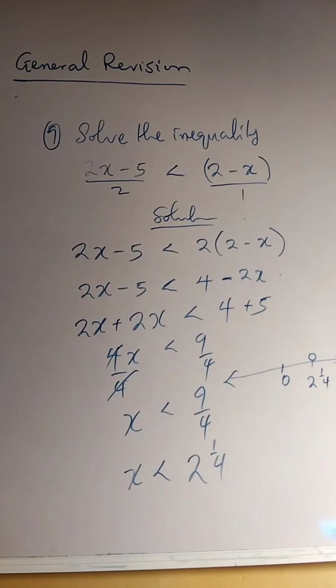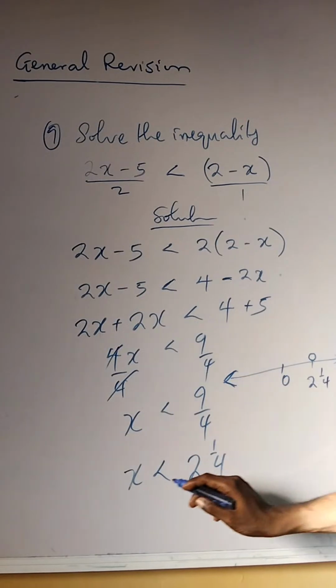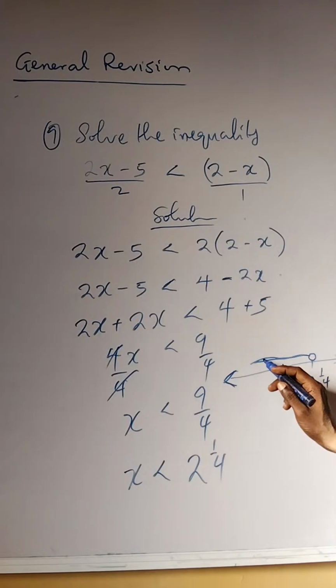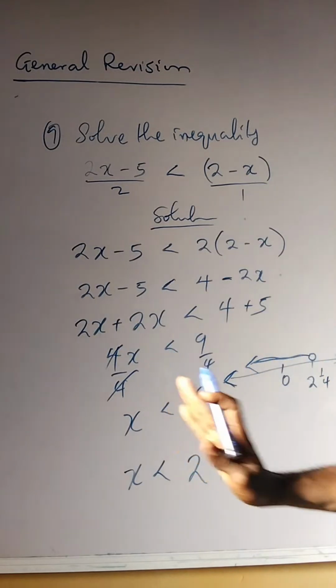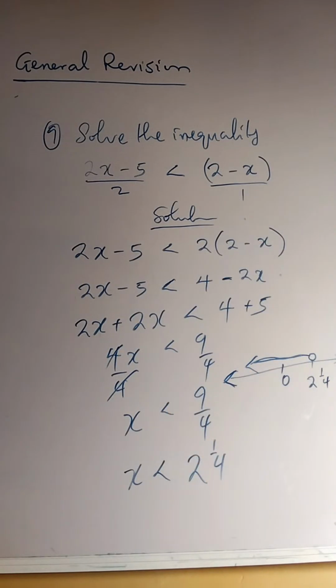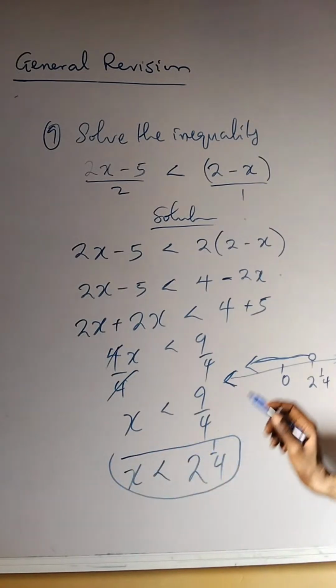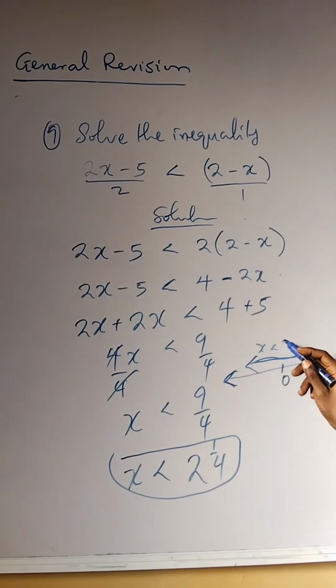Here, less than, this arrow is just looking at less than, so you are going towards the arrow. This is the range of values. Whatever number falls toward that side satisfies this inequality. So we can call this x less than 2 and 1 over 4. Okay?